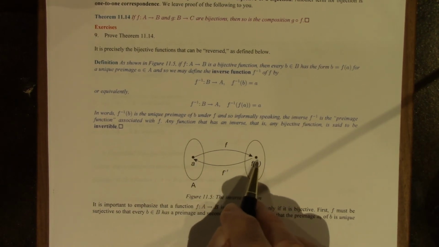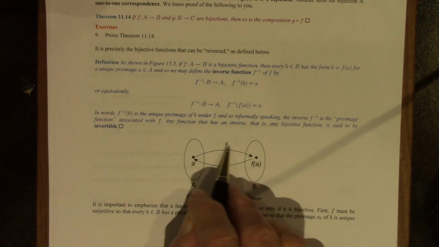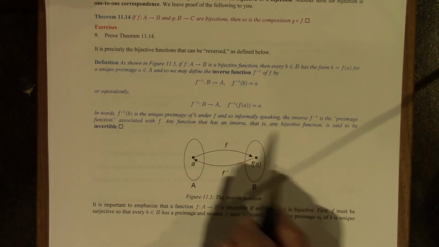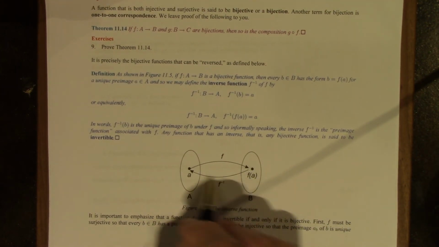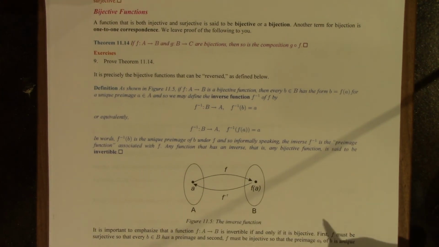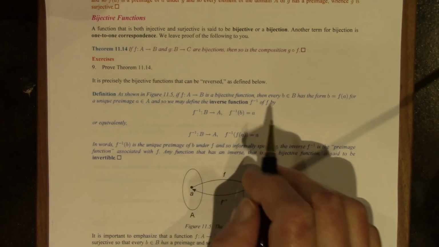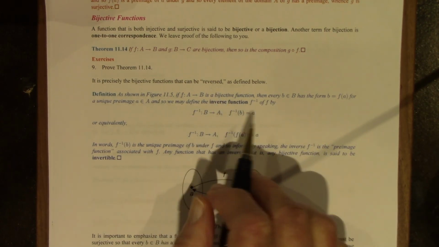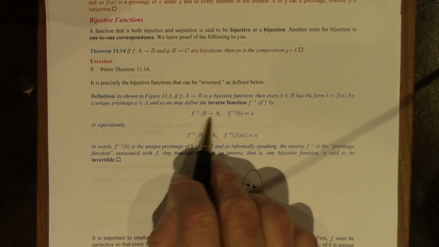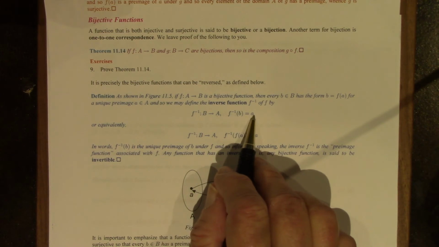So every element in B has a unique pre-image in A under F. So we can define a function going the other way, the pre-image function. That's not the technical term for it. The technical term is the inverse function, denoted this way. And so it maps B to A, and it sends little b to its unique pre-image, little a.